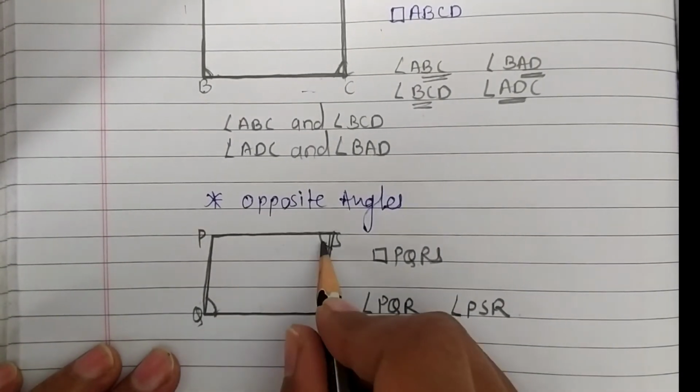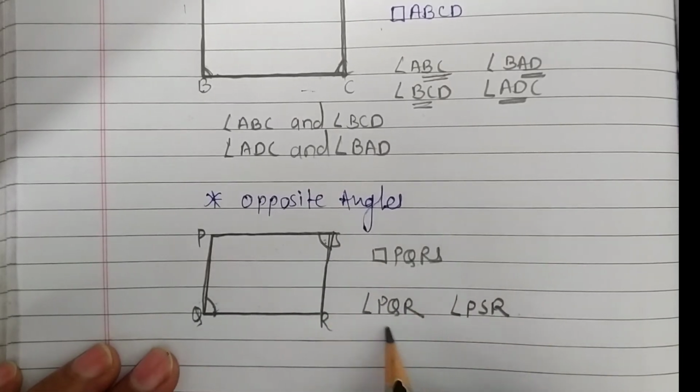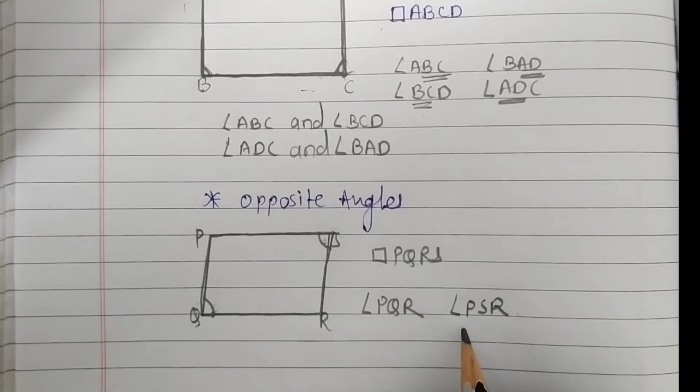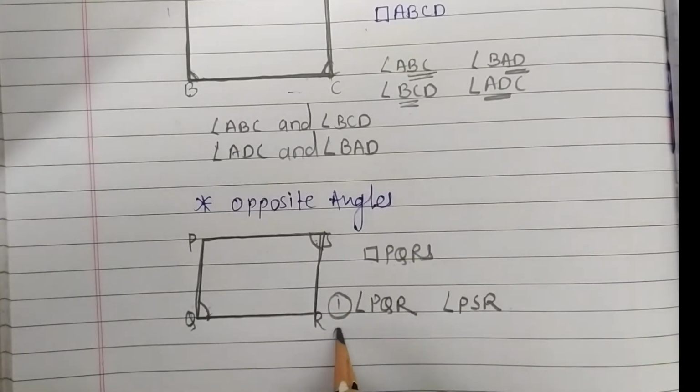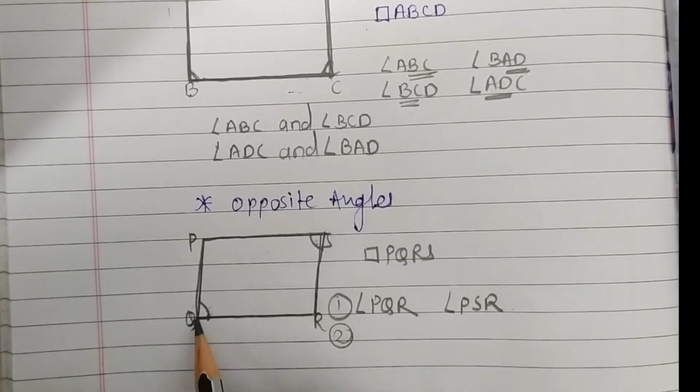These angles don't have any common arm, so these are the opposite angles. This is the first pair.